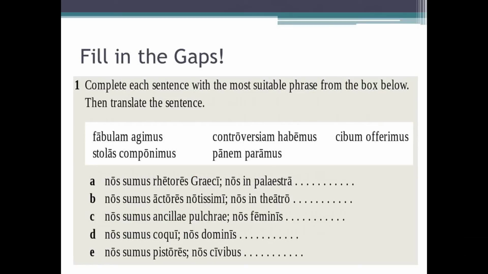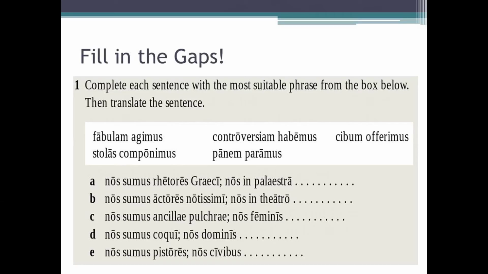Finally, I would like you to have a go at this fill in the gaps exercise. So select a phrase from the box to complete each sentence and then translate. So pause the video and have a go at those. Now let's go through the answers. Firstly, I'll fill in the gaps.